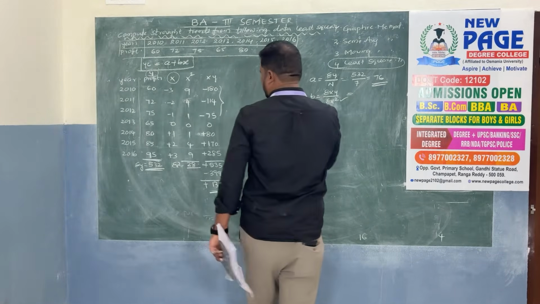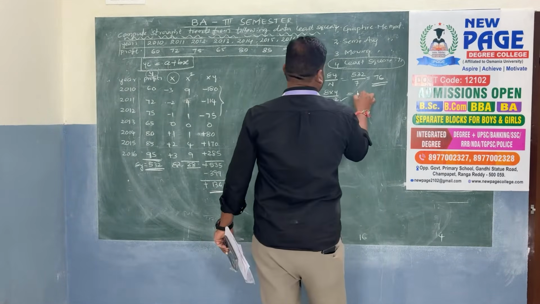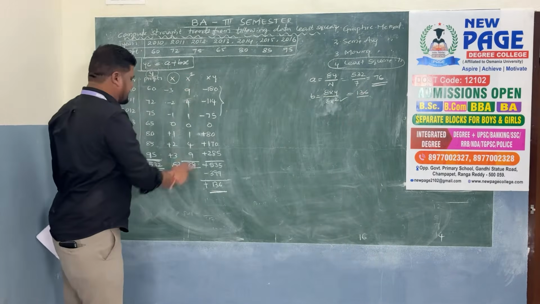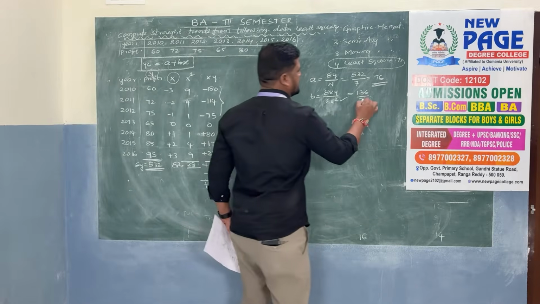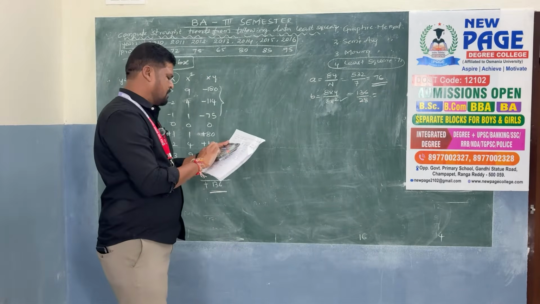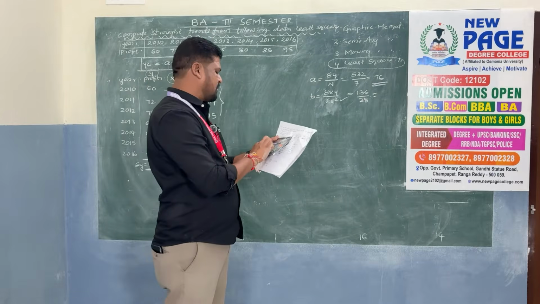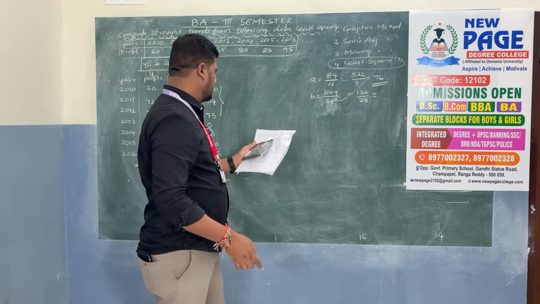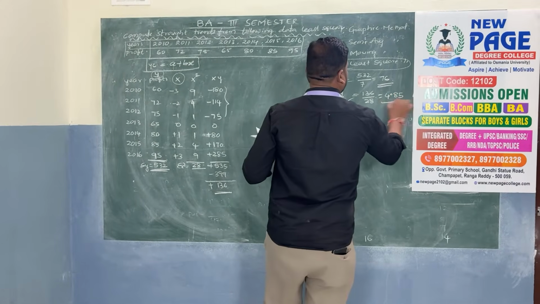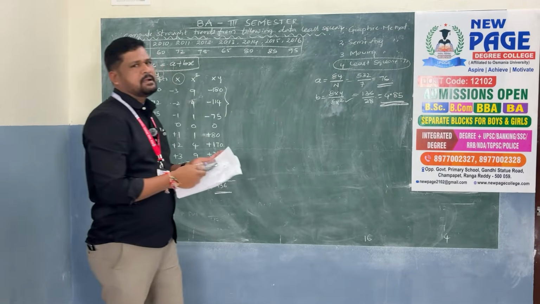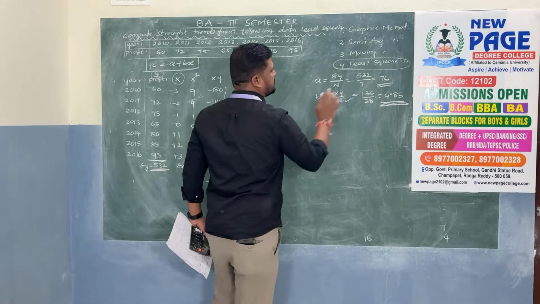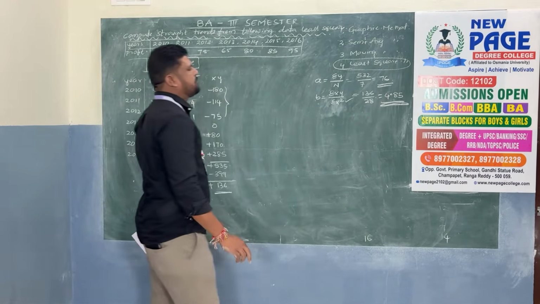Sigma xy = 136 divided by sigma x square = 28. 136 divided by 28 is 4.85. So a = 76, b = 4.85.